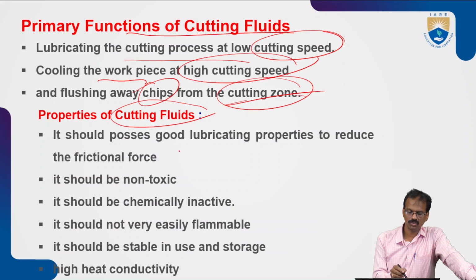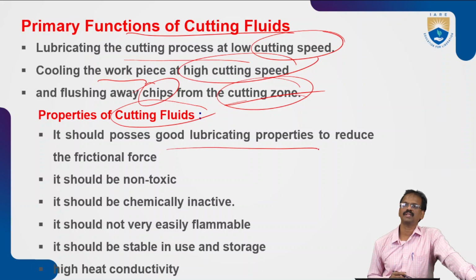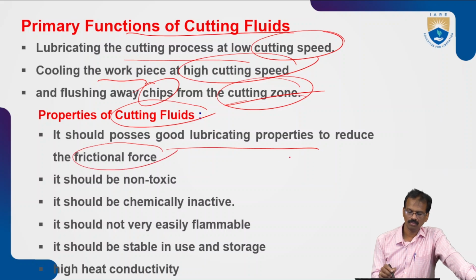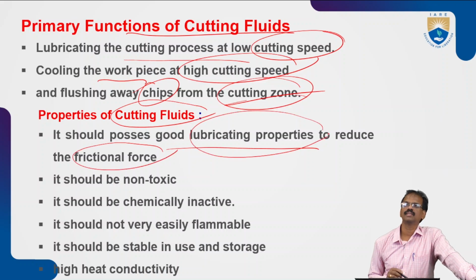Okay. Next, the properties of the cutting fluids, we'll see what are the main properties, already discussed. Okay, it should possess good lubricating properties to reduce the frictional losses, the frictional force. It should be non-toxic. Okay, it should not react with the surface of the material, or be toxic to the human body, the operator's body also. So we have to take care in how we prepare the cutting fluids.